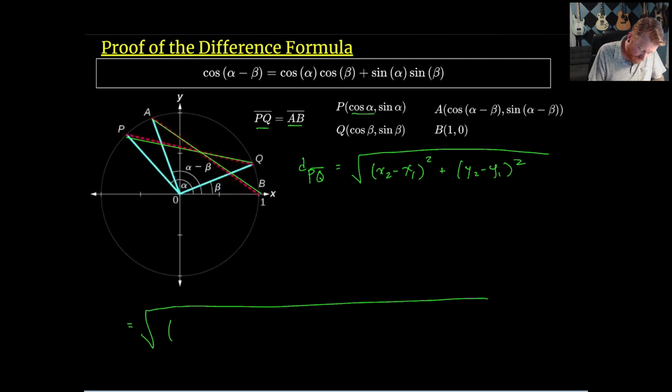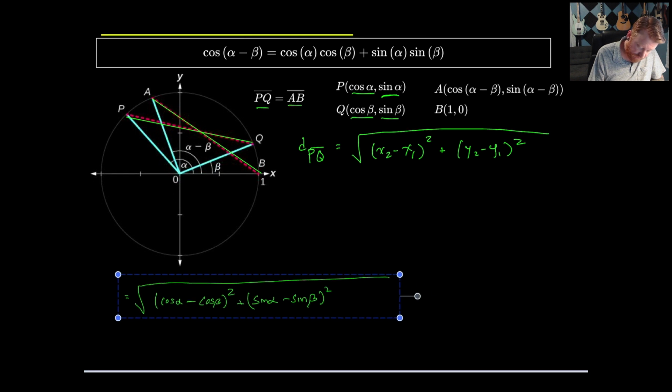It doesn't really matter the order here, but we're going to get cosine alpha minus cosine beta. That's the difference of my x values, and we're going to square that, and then we're going to add to it the sine of alpha, my y value, minus the sine of beta, all being squared here. That's our first step.